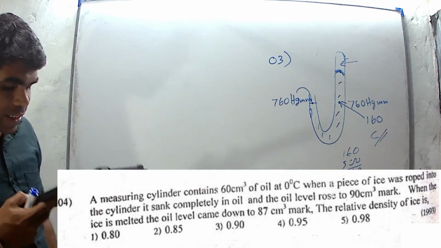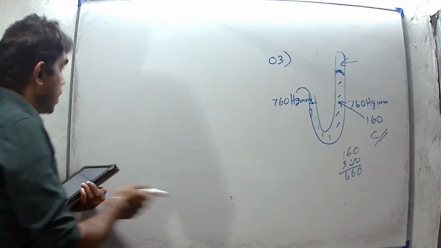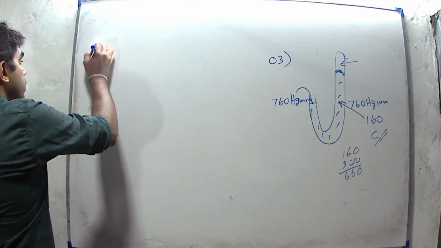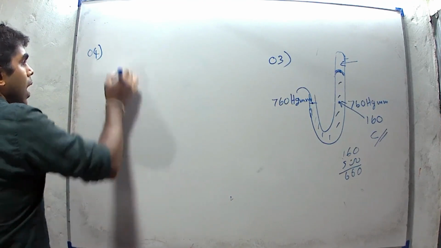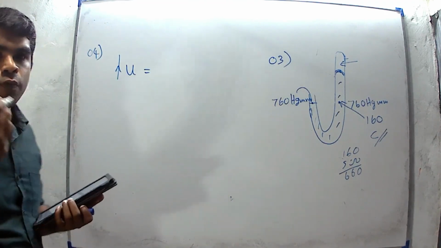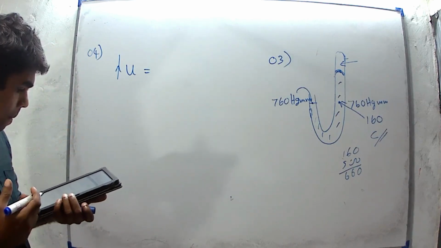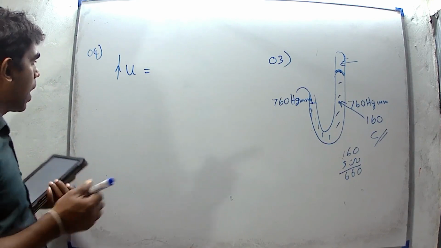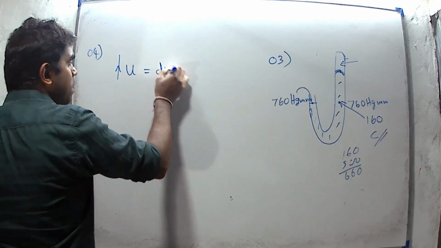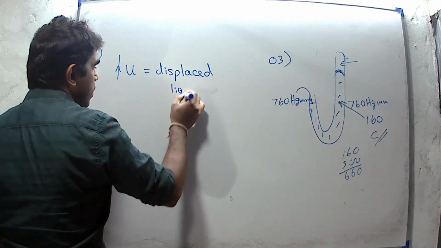The relative density of ice we can get according to Archimedes principle. Upthrust on ice equals to displaced liquid weight.